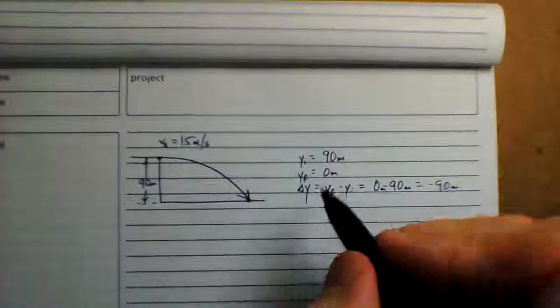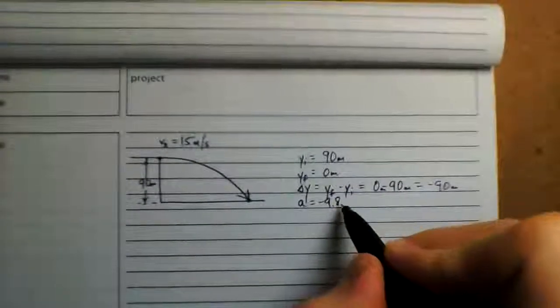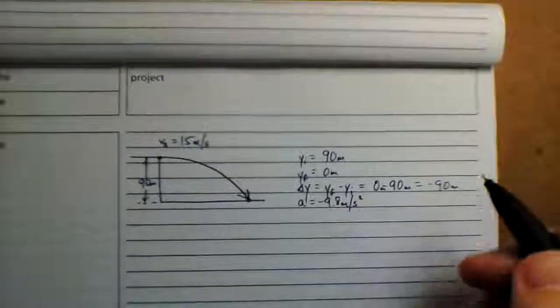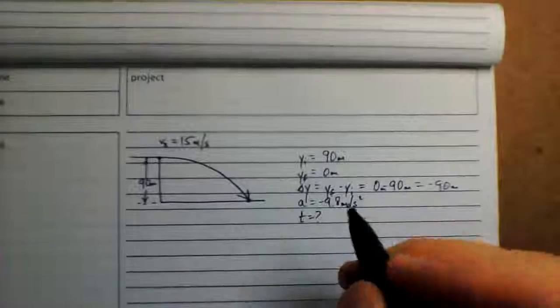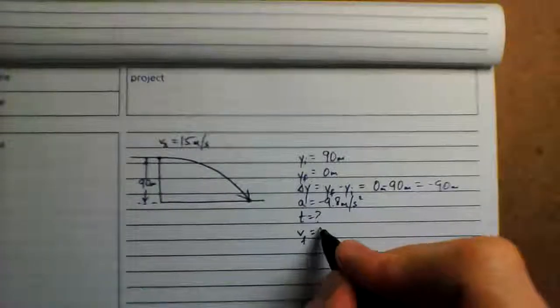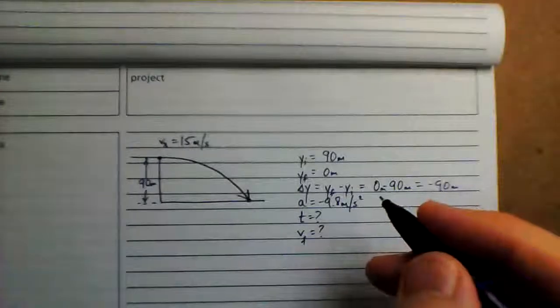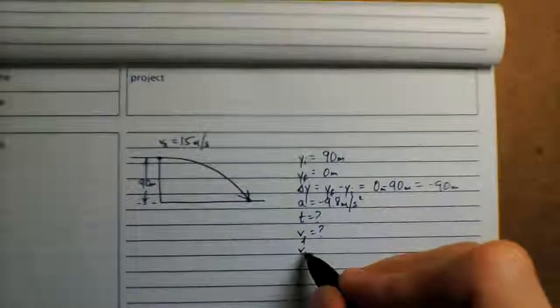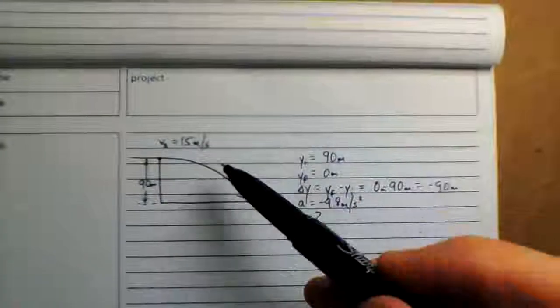Okay. We also know that in the y direction we have acceleration due to gravity is negative 9.8 meters per second squared. I know that time is what I'm looking for. I do not know the velocity at the end. And there's one more piece of information that we have here, and that is going to be velocity initial. And what I do know is this.